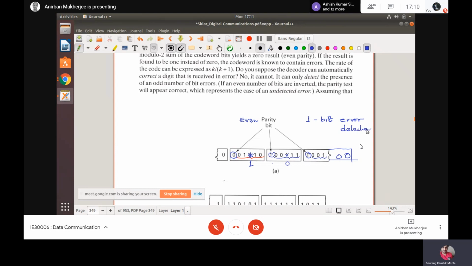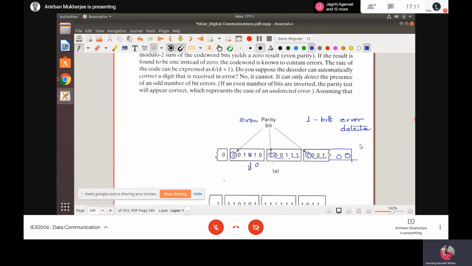But the problem is, instead of 1 bit, if 2 bits are in error, then what happened? Say here there is 1 error, so it has become 1, and say this 1 becomes 0.